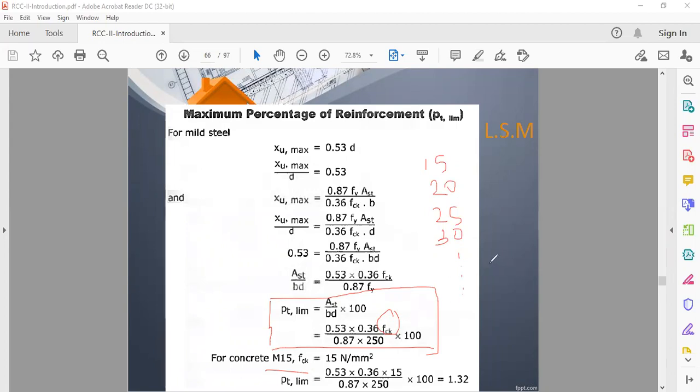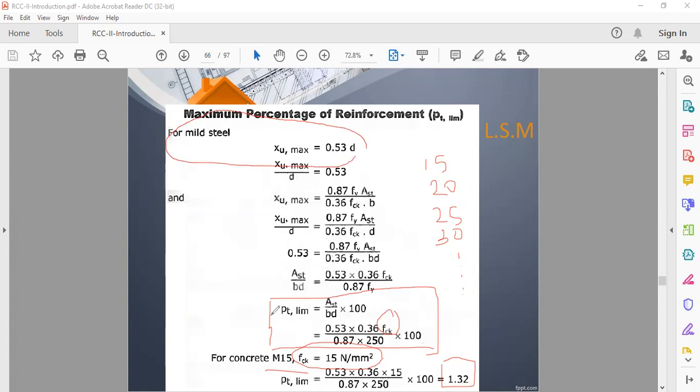So almost it is at an interval of 5 Newton per mm square. So M15 or 15 Newton per mm square, this value of PT limited we got at 1.32. And Xu max by D is also considered here, for mild steel 0.53.